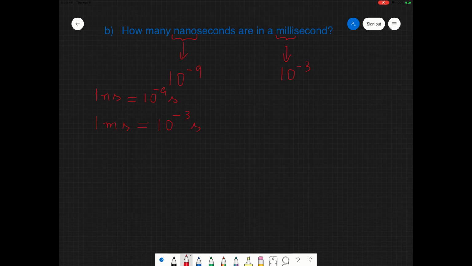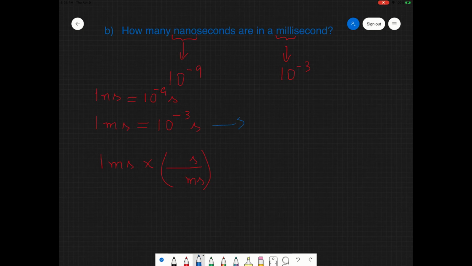So to convert 1 millisecond to nanoseconds, we use a chain conversion of 1 millisecond. First, let's transform this to seconds.